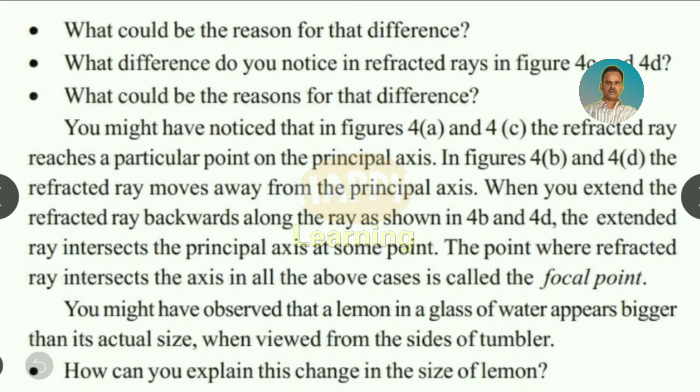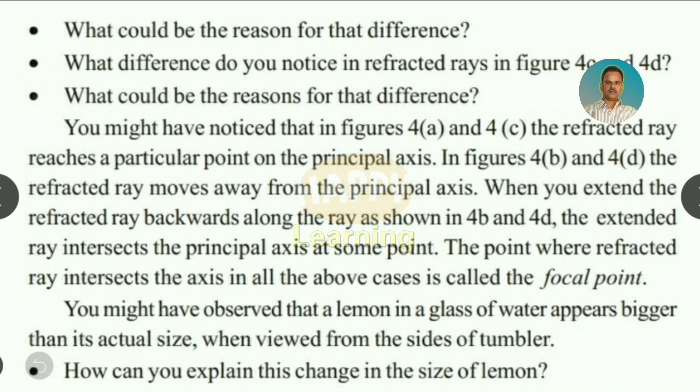What could be the reason for that difference? What difference do we notice in refracted rays in figure 4C and 4D? You might have noticed that in figure 4A and 4C, the refracted ray reaches a particular point on the principal axis. In figure 4B and 4D, the refracted ray moves away from the principal axis.